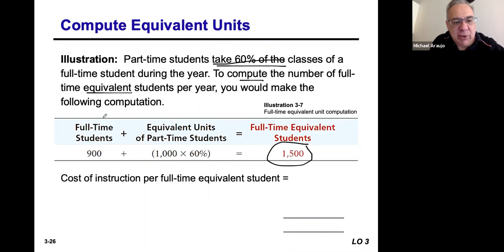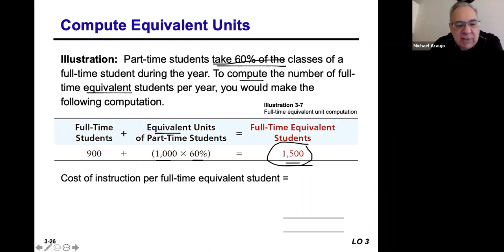Again, that's the full-time students they have, and we converted, basically, part-time students to full-time students. So 1,000 part-time students that are taking 60% of a course load of a full-time student would be the same as having 600 new full-time students. That's the conversion. Okay. So 600 and 900 is the 1,500.